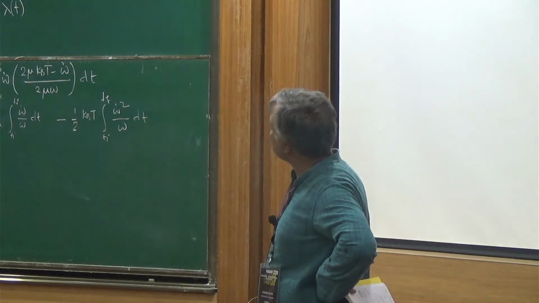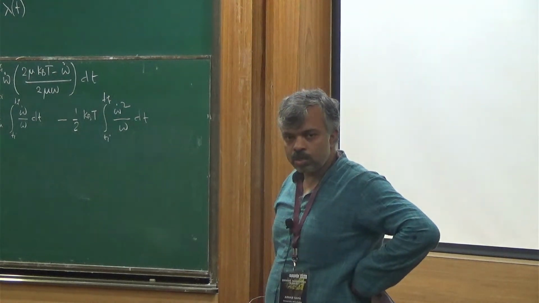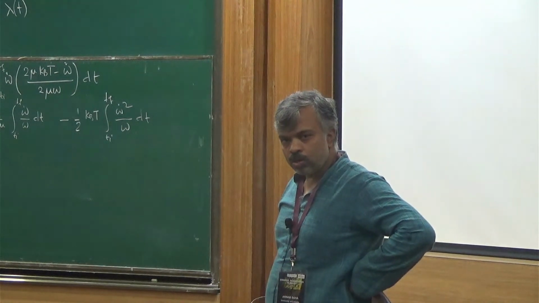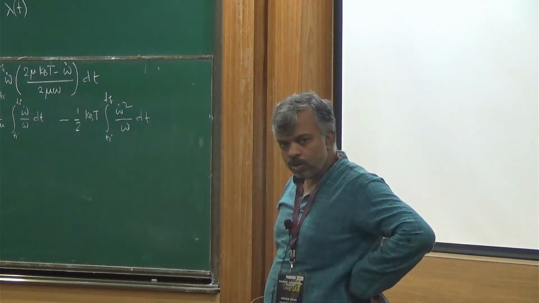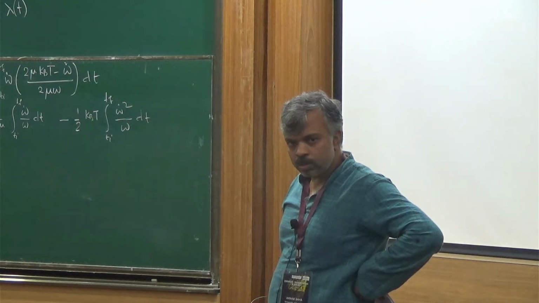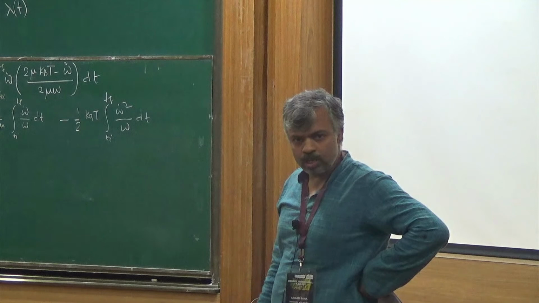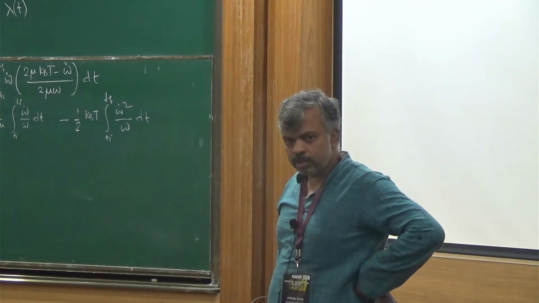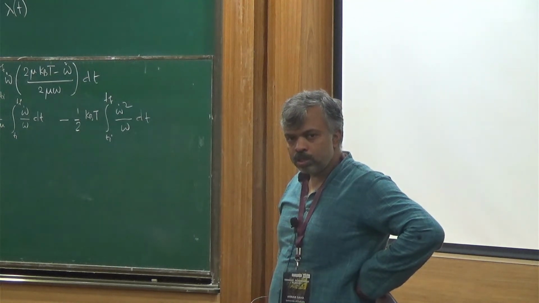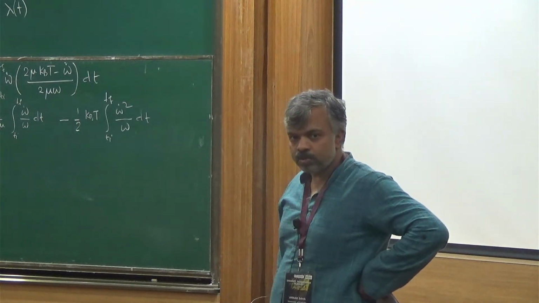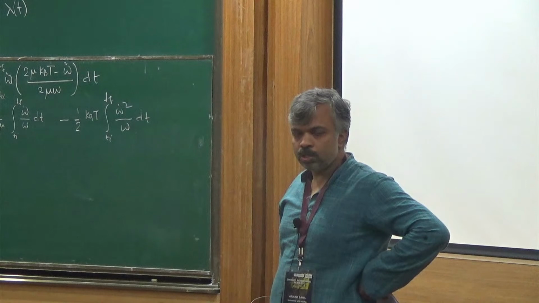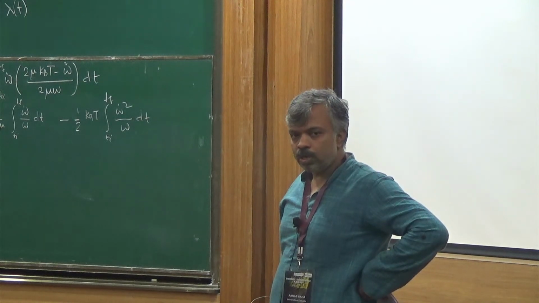X is highly correlated with eta. X is a linear function of eta. That's why x average becomes 0, because eta average becomes 0. So all this is coming over here.